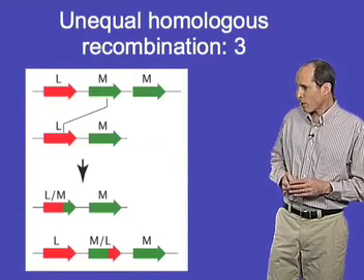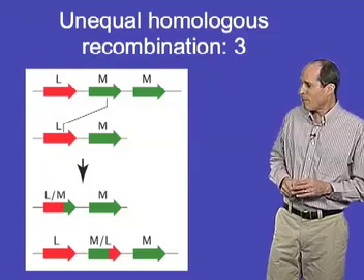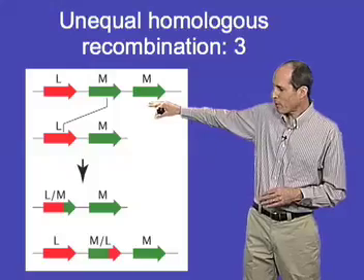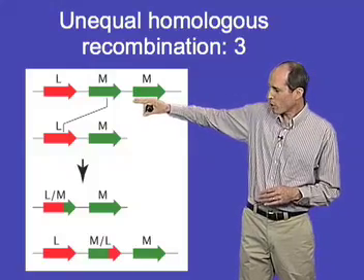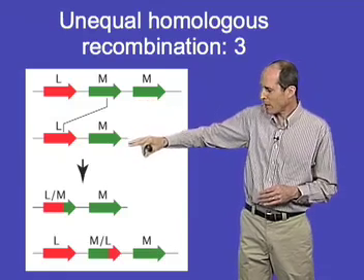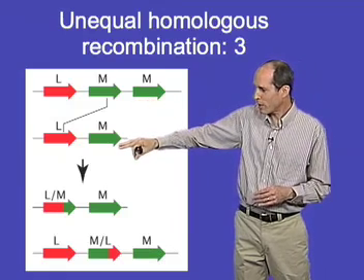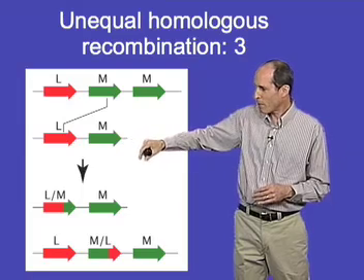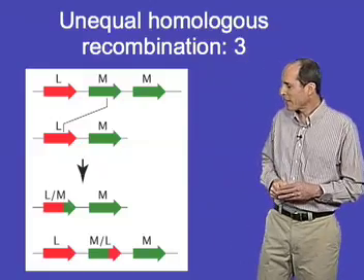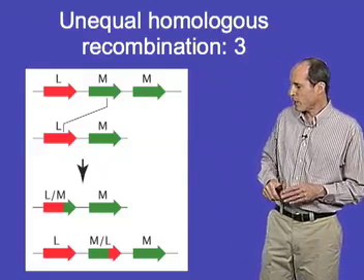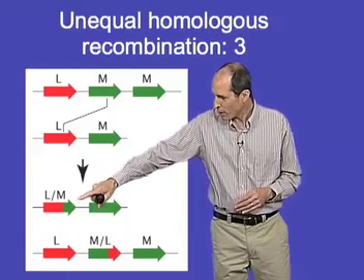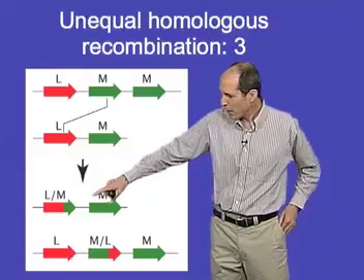Now, more complex events are also possible because many of the starting arrangements involve arrays that have multiple M pigment genes. So, for example, if we start with an array that has two M pigment genes and a second array that has only one, and envision the kind of recombination events, in this case intragenic recombination events, that one might encounter, we can, for example, see a meiotic product that has a hybrid gene, an LM hybrid instead of the L pigment gene, paired with an M pigment gene.